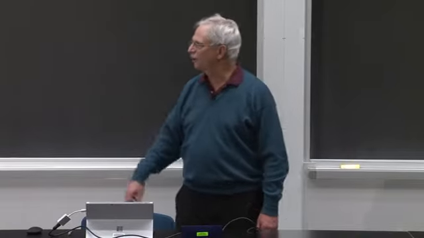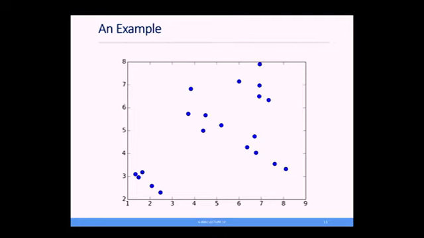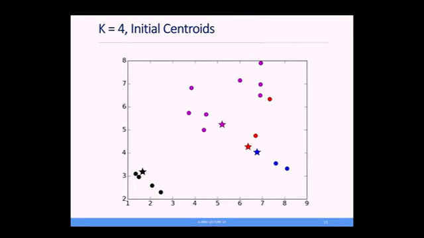Let's look at an example. So I've got a bunch of blue points here. And I actually wrote the code to do this. I'm not going to show you the code. And I chose 4 centroids at random, colored stars, a green one, a fuchsia-colored one, a red one, and a blue one.